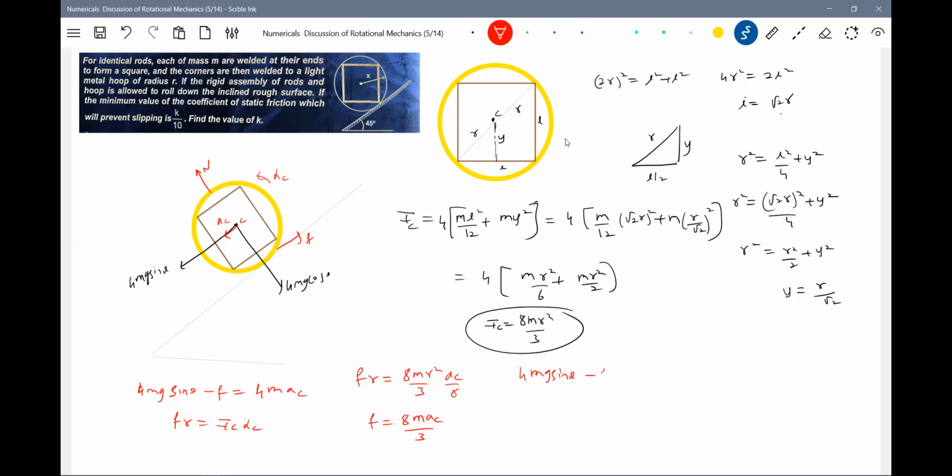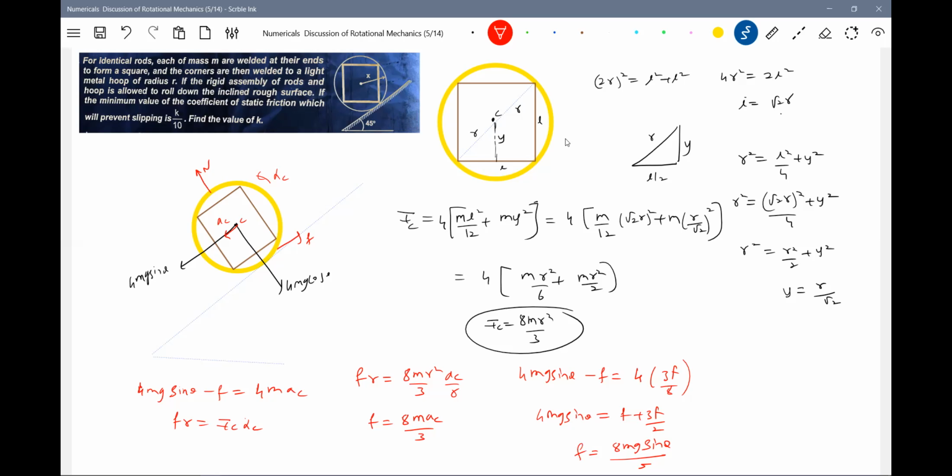So 4 mg sine theta minus F is equal to 4M AC, and AC will be 3F by 8. So 4 mg sine theta equals F plus 3F by 2. So F is equal to 8 mg sine theta by 5.